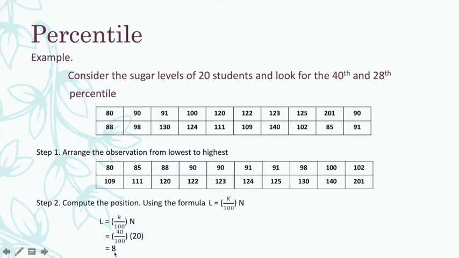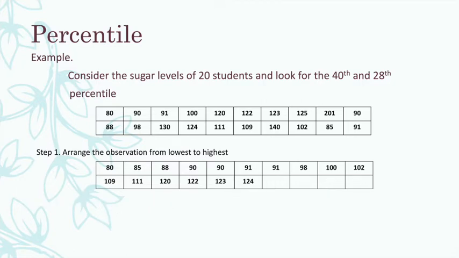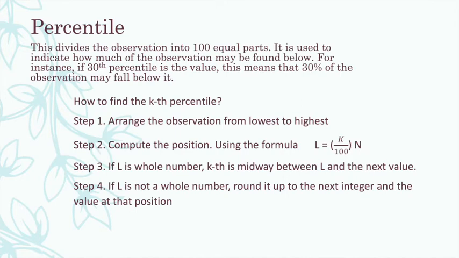According to our step 3, if L is a whole number, then the K term is midway between L and the next number.